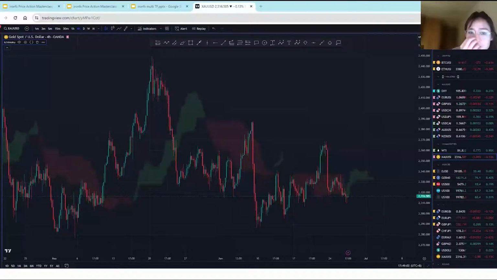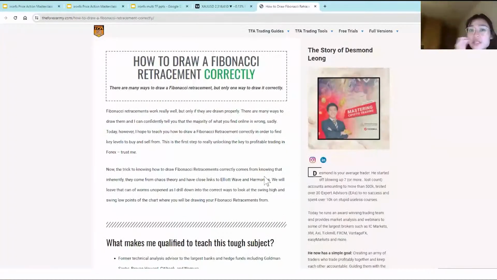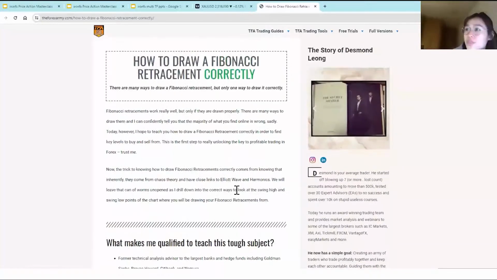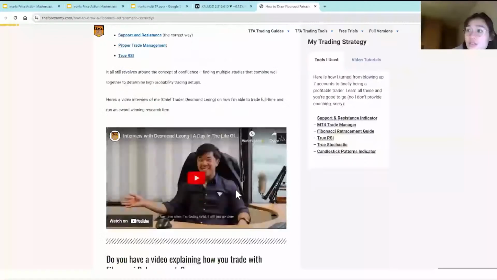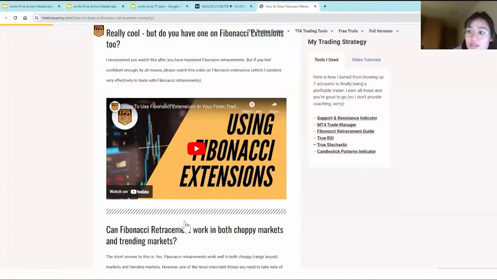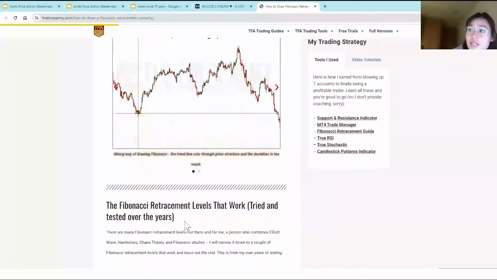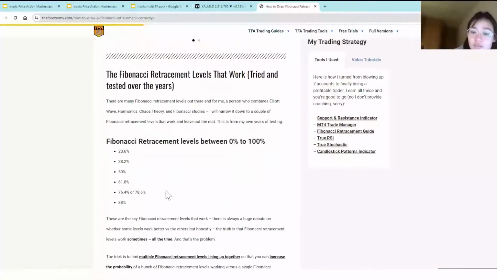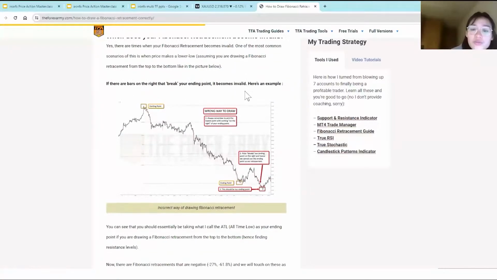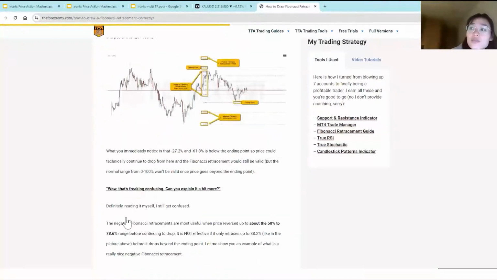So for Fibonacci, which I didn't really have time to talk about in depth today, but I did mention it in our price action, you can take a look at this website. It's a free website to use, forexarmy.com. You can look at some free videos that we have on YouTube on retracements, extensions, some guidelines: what the different levels are that we use, how to use them, how to draw them so that they're valid, how to avoid invalid levels, negative levels as well.